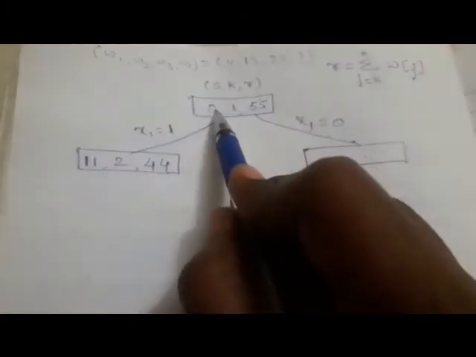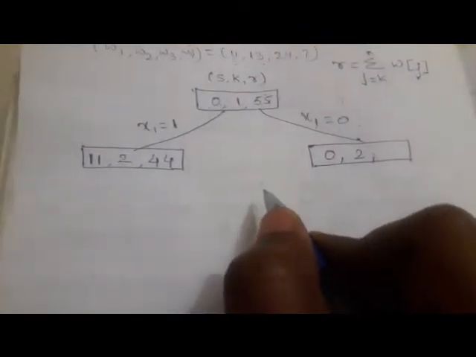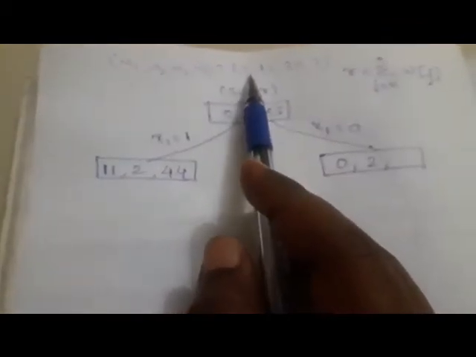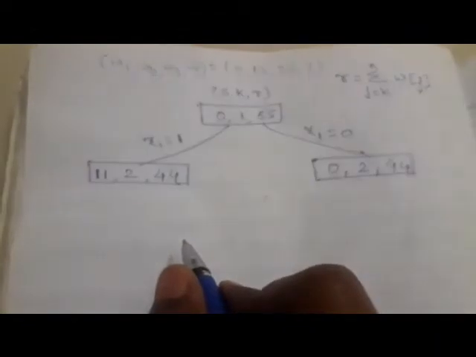So the sum of subsets will be 0, but the value of k is incremented, so it is 2, and from this set we exclude the first weight, 11, so its value remains 44. So here we write 44.